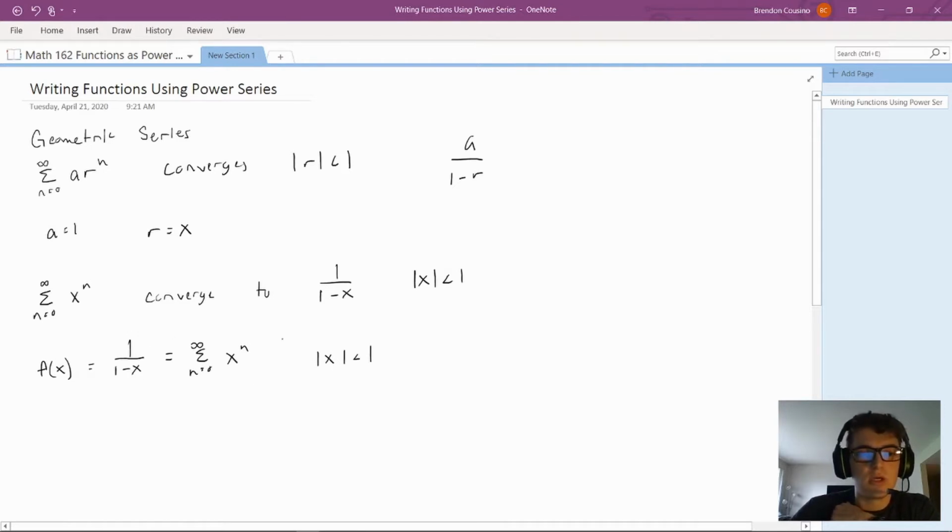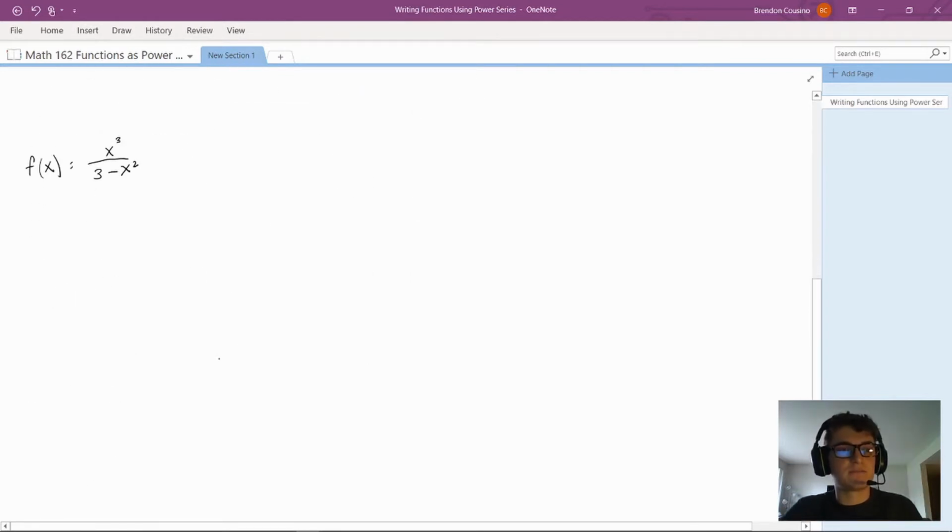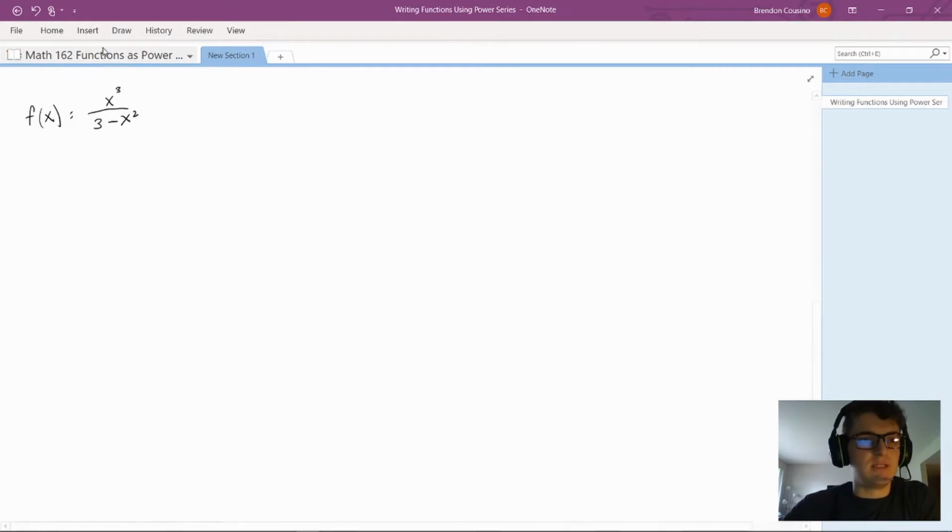Okay, so we're going to use this base function of 1 over 1 minus x to write a little bit more complex function as a power series. Let's take a look at what that would look like. We're going to start with this example. We have the function f of x equals x cubed over 3 minus x squared.